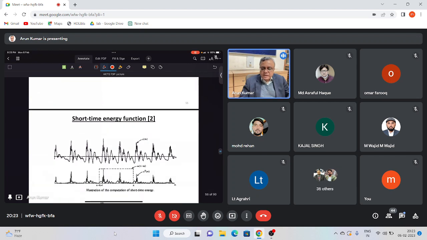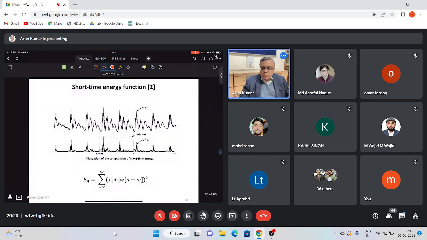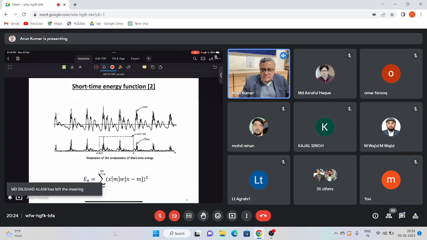So now we will look at some basic tools for analyzing speech signals, which will hold for the analysis of other kinds of audio signals also. And those analyses can then be used to make inferences or conclusions for those applications. So for example, one of them is the short time energy function.